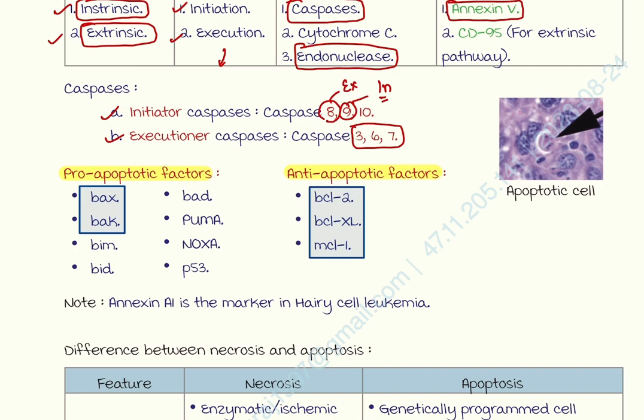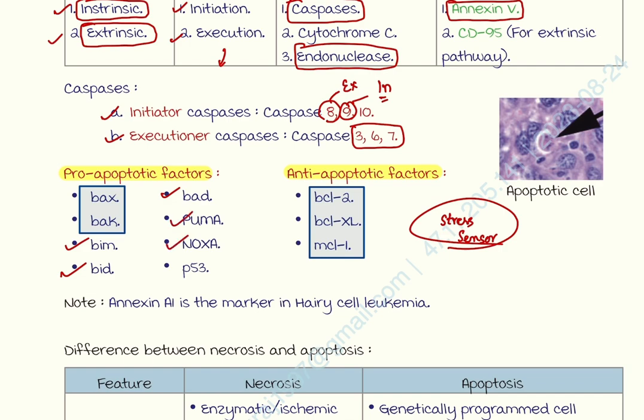Okay, and the next very important group is what is known as the stress sensors. The stress sensors are the group which sense the stress, and accordingly they will either activate the pro-apoptotic factors or inhibit the anti-apoptotic factors. They are BIM, BID, BAD, PUMA and NOXA.